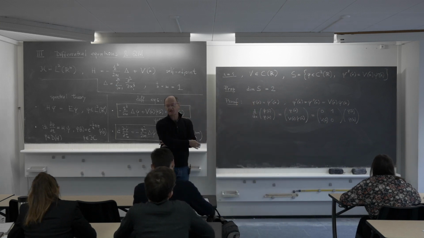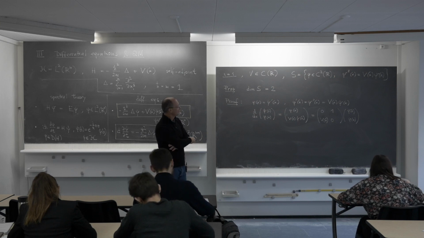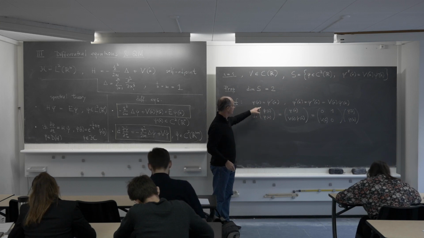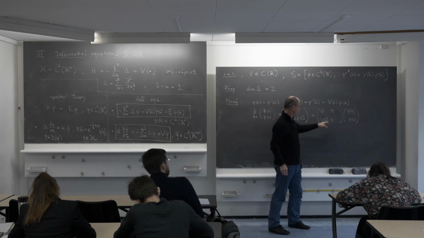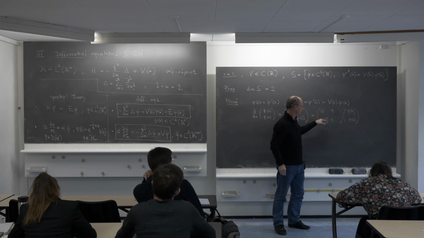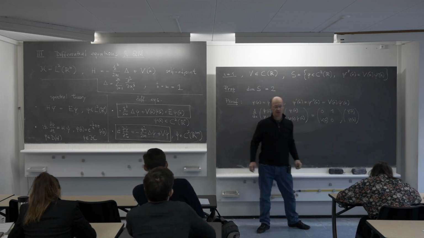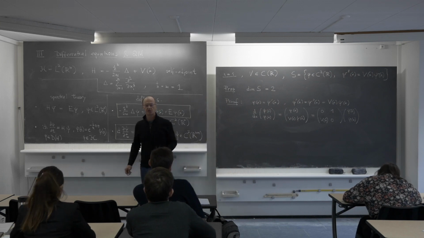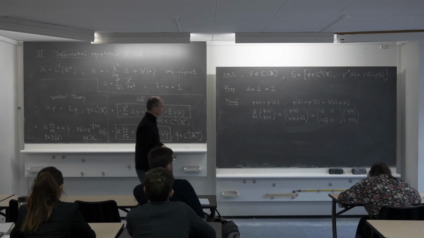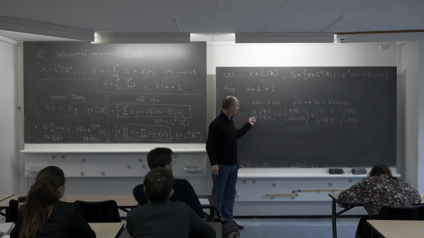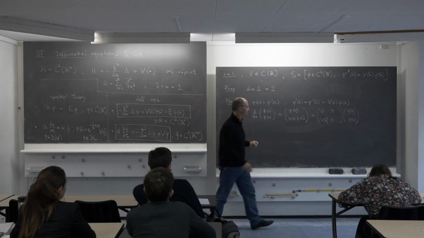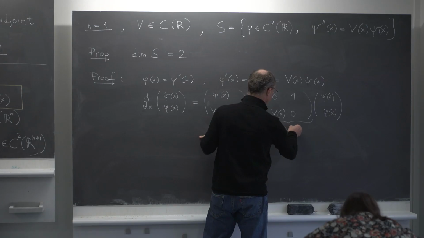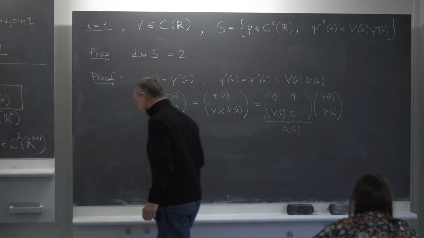Okay, now it's correct. Before it was not correct. So we see that the derivative of this vector is a 2 by 2 matrix which contains v, which acts on this other vector. So now I traded a second order linear equation for a system of two first order equations. So let me denote this gadget A of x.